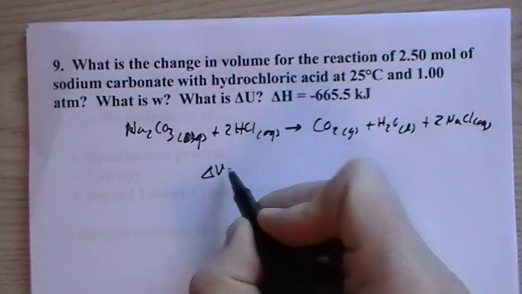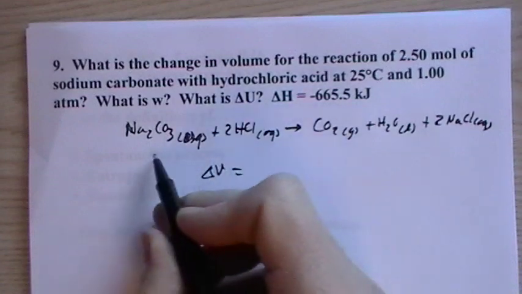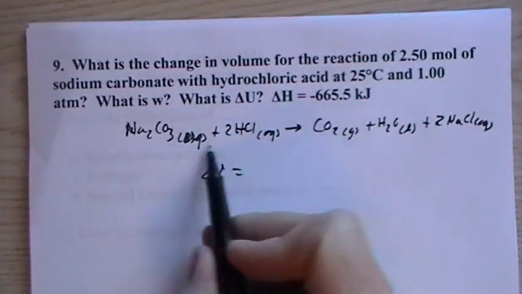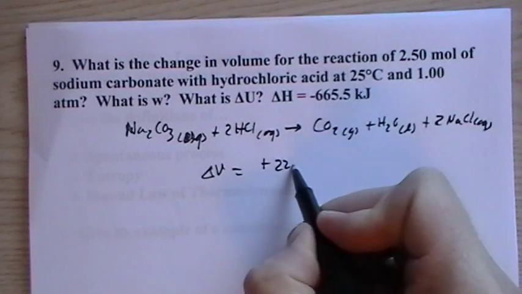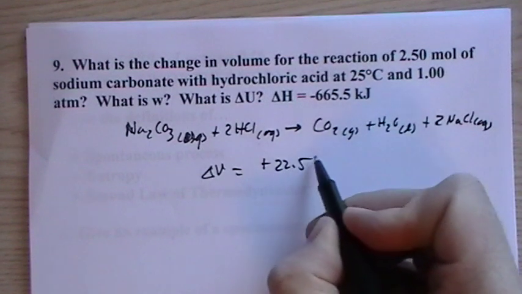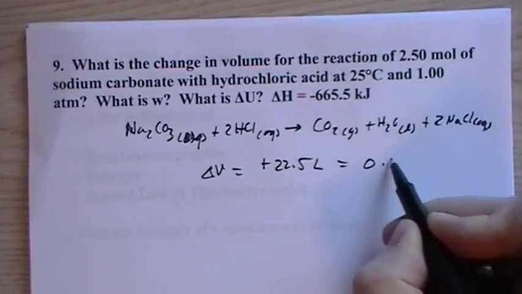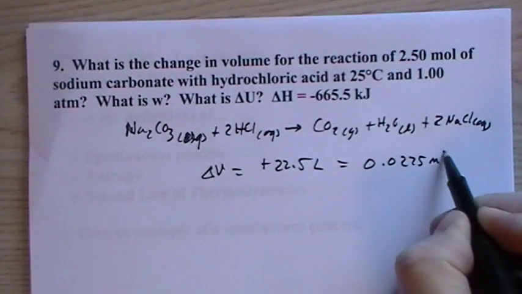So delta V is going to be a change of 1 mole. There's no gases here, so it's going to be positive. So we're going to go up by 22.5 liters, or 0.0225 meters cubed.